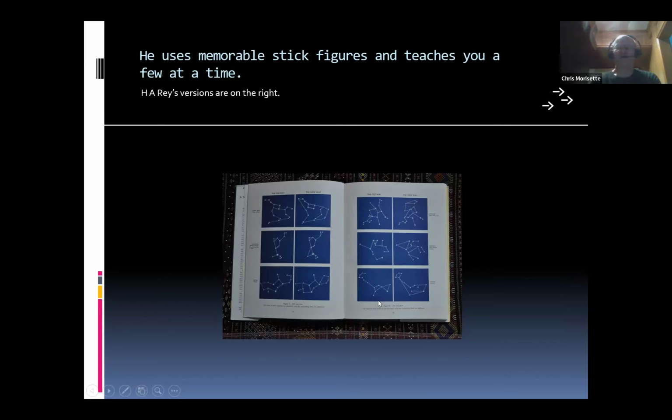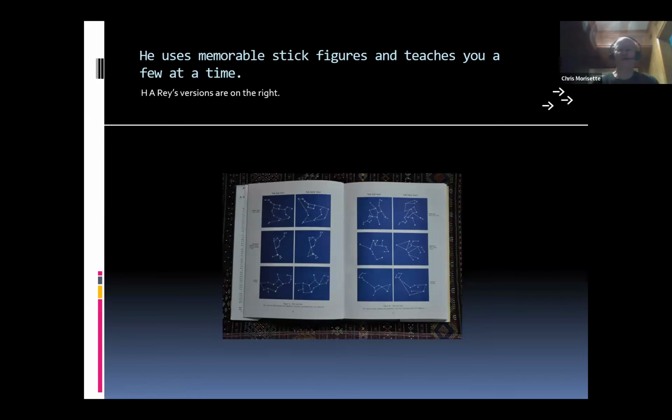You see over here on the left is the typical figure that you would see in a reference or star atlas. And it's tough to tell if that's a whale or not. Well, just by changing the connection points, not changing the star pattern, he made a figure that looks much more recognizable as a whale.